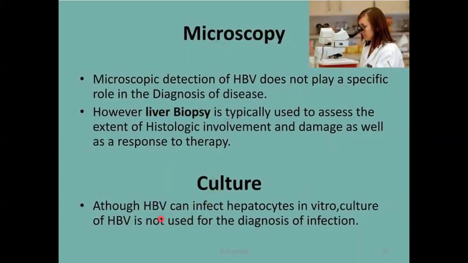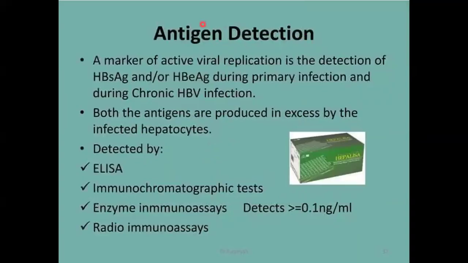Culture, although HBV can infect hepatocytes in vitro, culture of HBV is not used for the diagnosis of infection. So this is not even done, okay? Then we have antigen detection. So this is what we were doing, all those markers. A marker of active viral replication is the detection of hepatitis B surface antigen and or HBe antigen during primary infection and during chronic HBV infection.